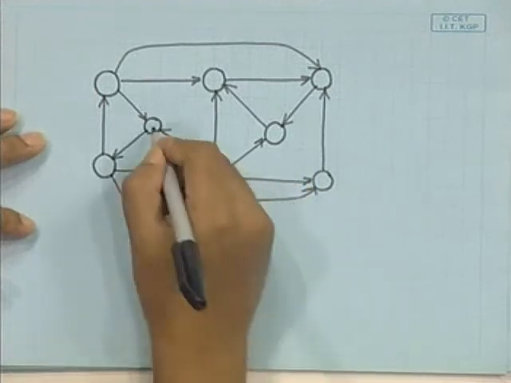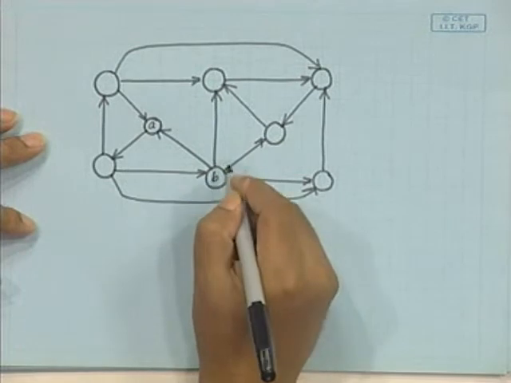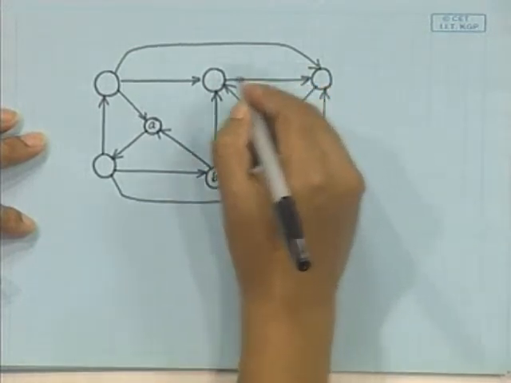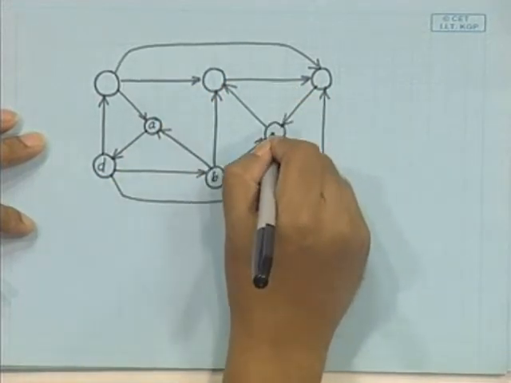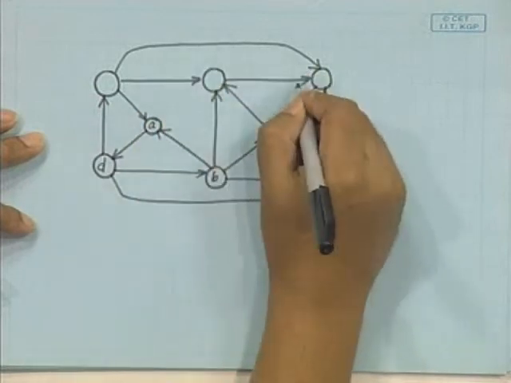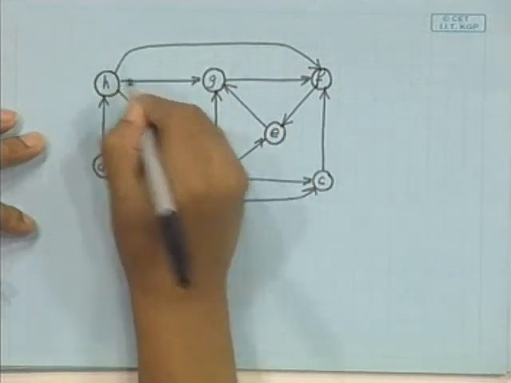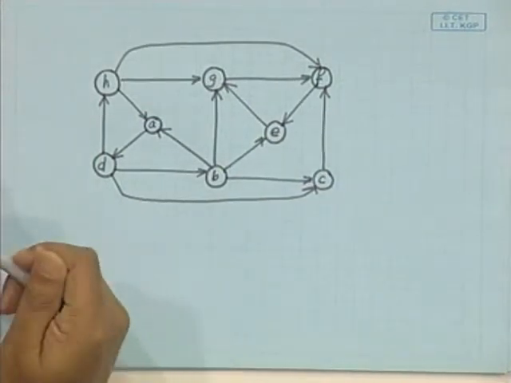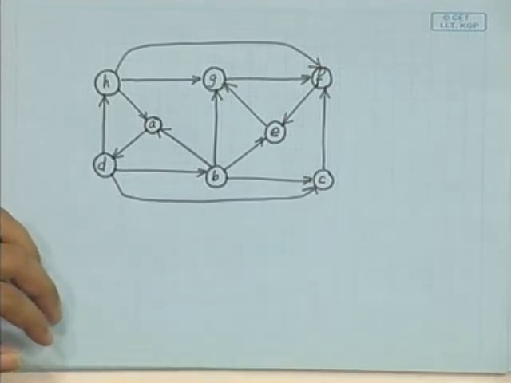Let me number these. Let's say A, B. Now first thing that we are going to do is we will start by doing a DFS on this graph.